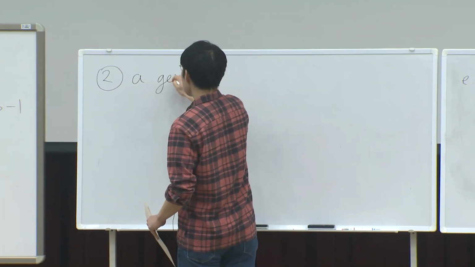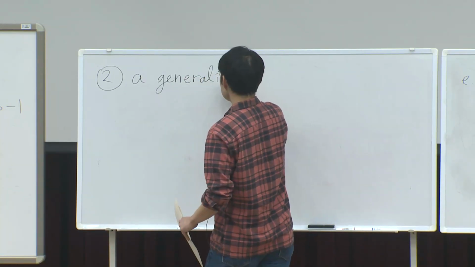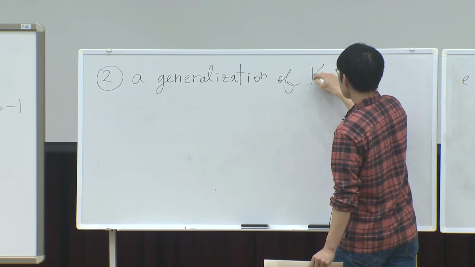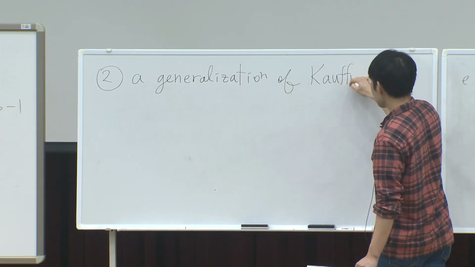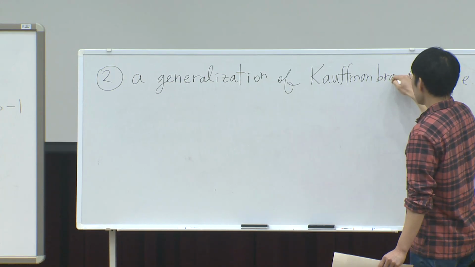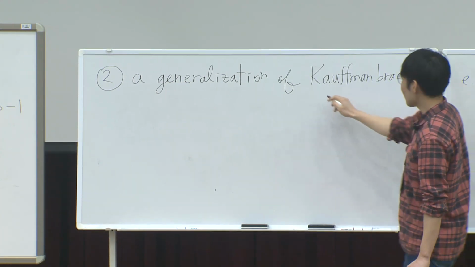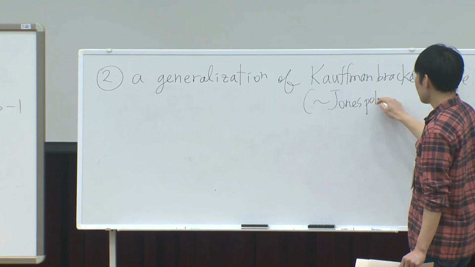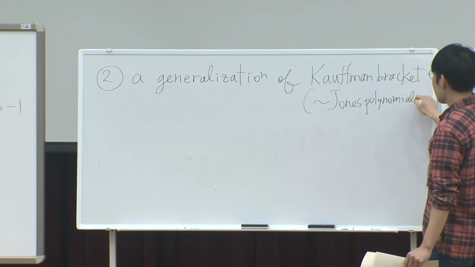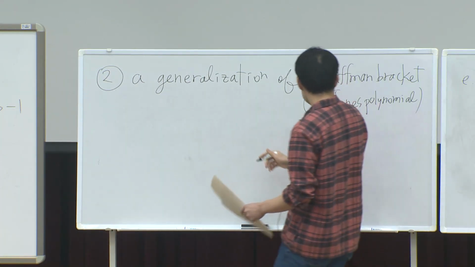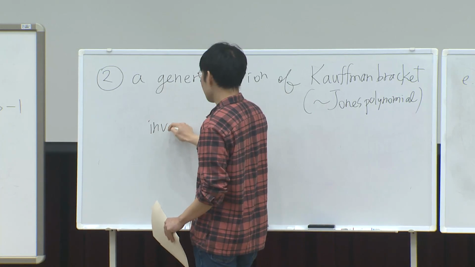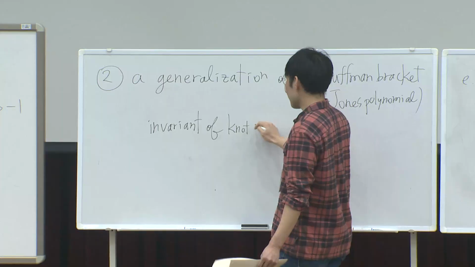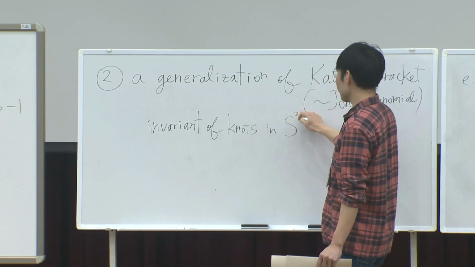So it can be viewed as a generalization, very precisely, of the Kauffman bracket polynomial, the Kauffman bracket invariant, which is essentially the Jones polynomial, which is a knot invariant, of knots, or maybe framed knots in S3.